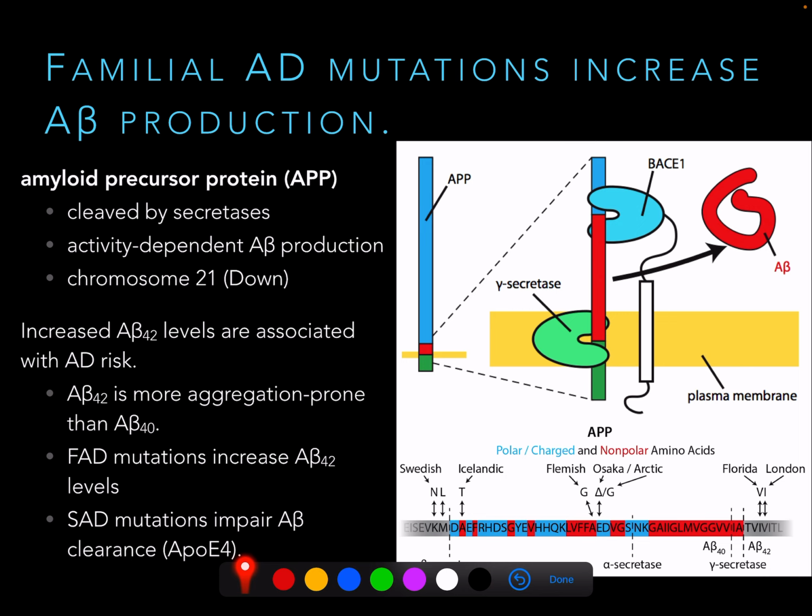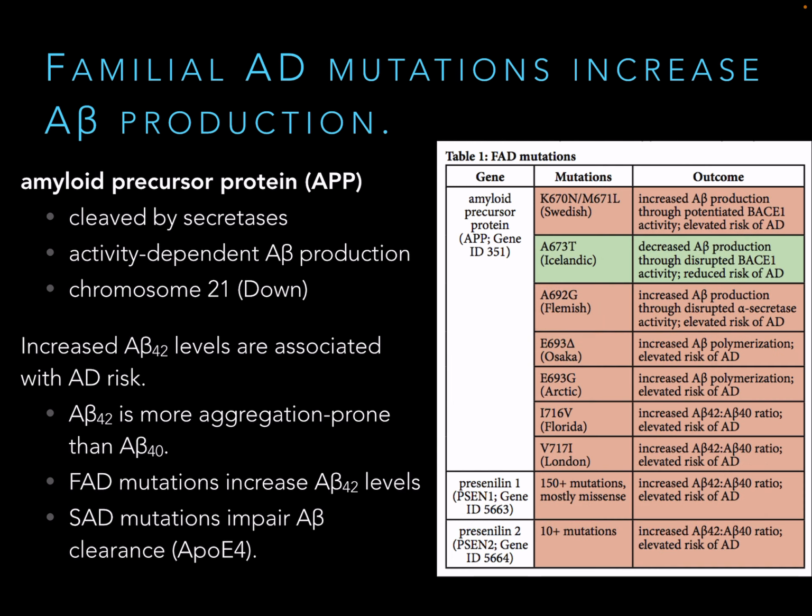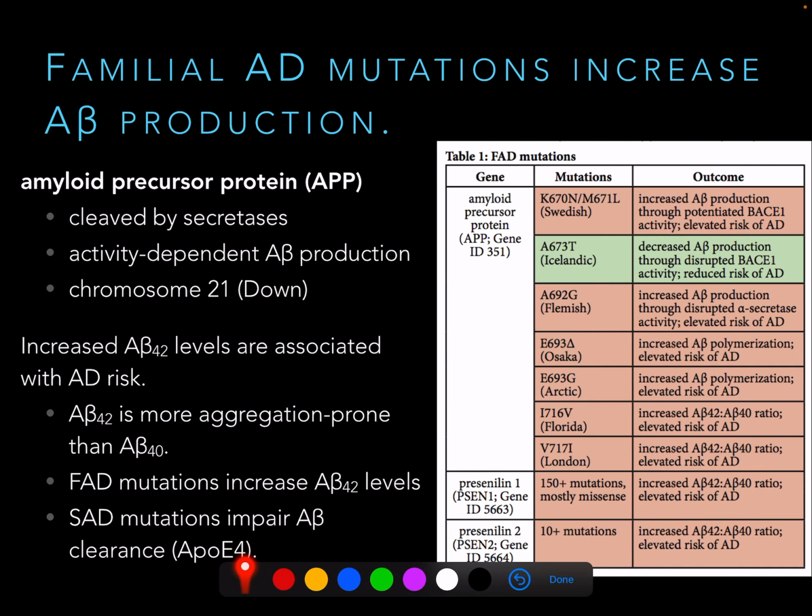Okay, so we've got some variability in what kind of A beta we make. All of us make A beta 40 and A beta 42. And what we find in those familial Alzheimer's disease mutations is that they increase the amount of A beta, and in particular, the amount of A beta 42. So here we've got several mutations. I color-coded the red ones to be increasing the risk.